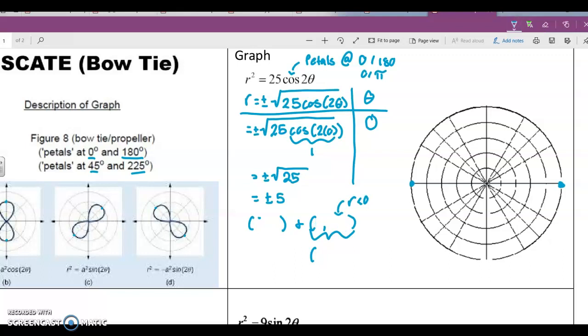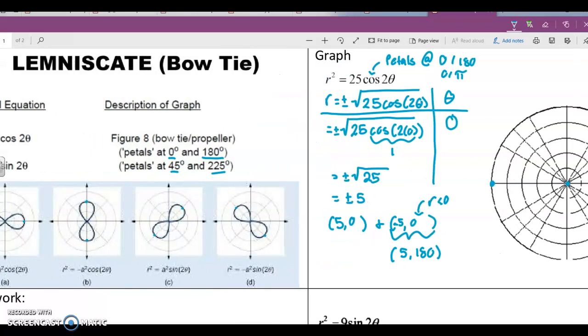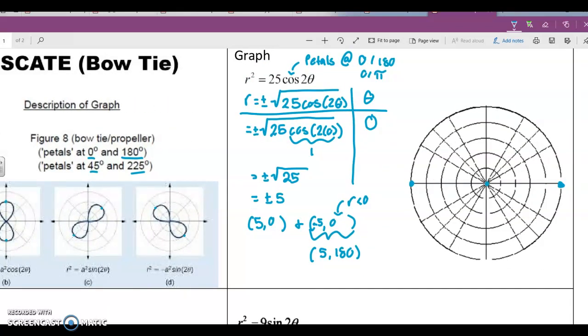So 5, 0 and negative 5, 0. Wow, okay. 5, 180. And then you have this point here because we know that this is what the graph is going to look like. So draw this something like this. And there's your lemniscate.